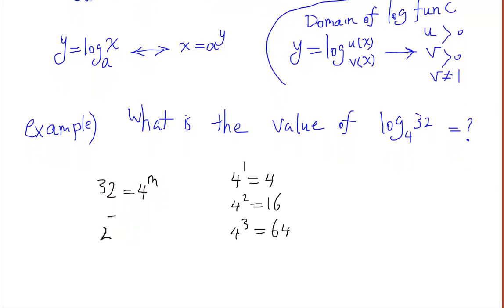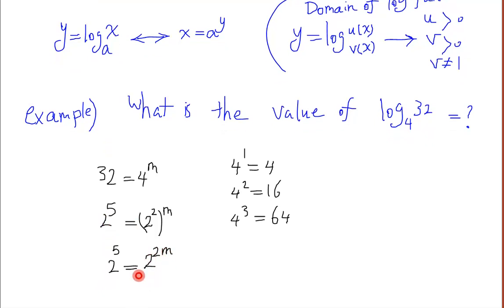So this is 2 to the 5th power, and on the right hand side we have 2 to the second power to the m power. And as a rule of exponents, we can multiply the exponents here. So 2 to the 5th power is equal to 2 to the 2m.